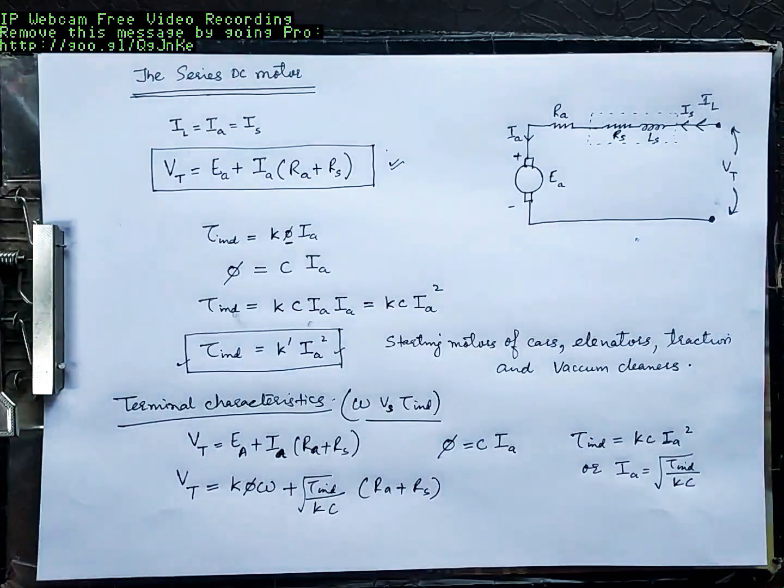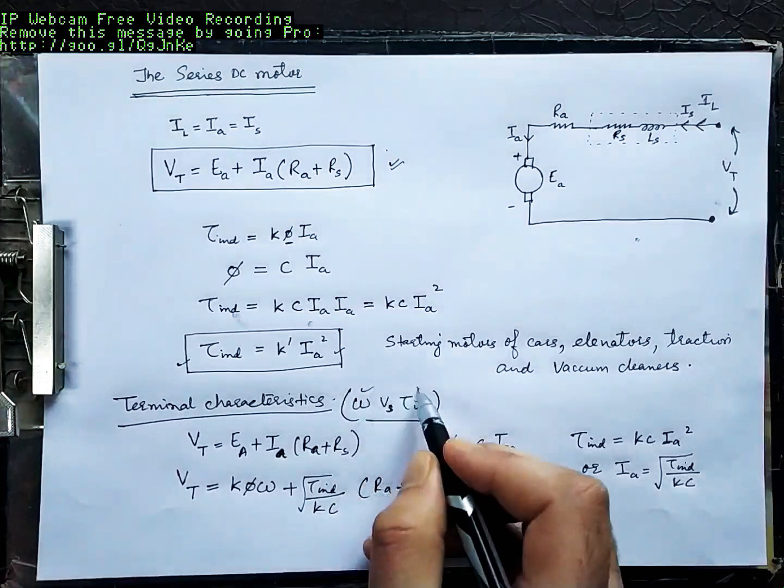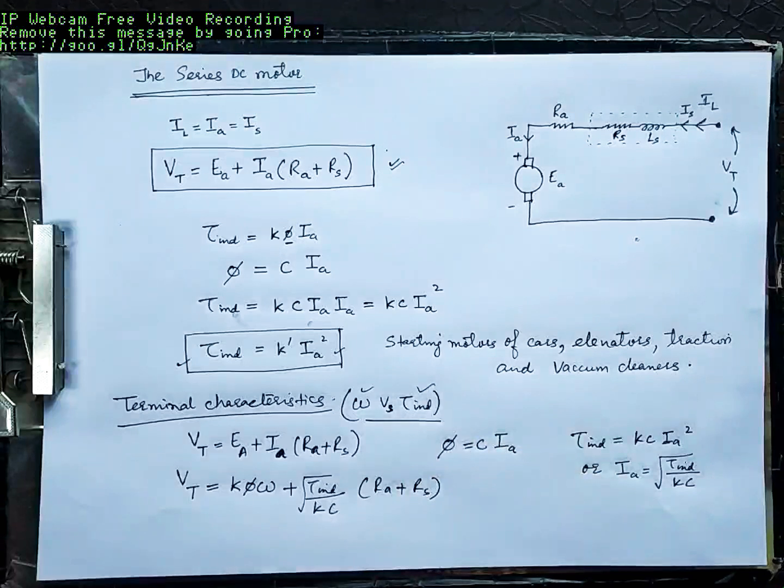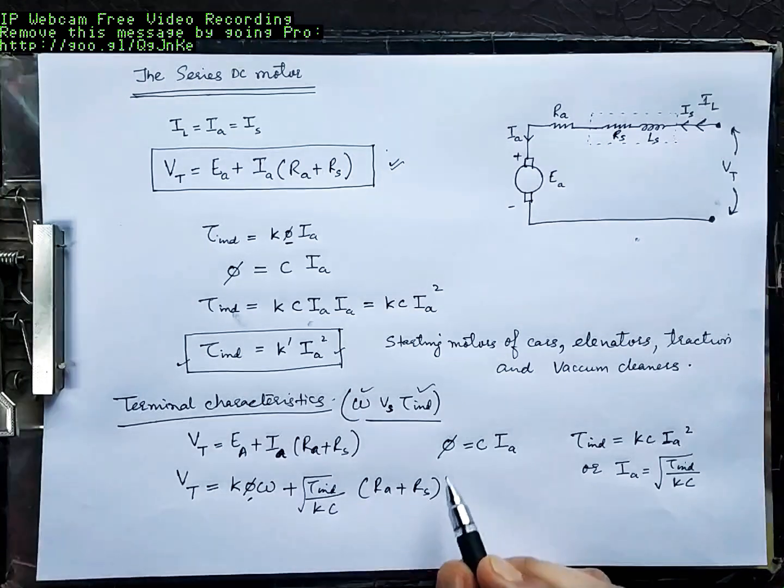Since I want to plot between omega and tau induced, they are all constants except for flux phi. So I can substitute for flux here.